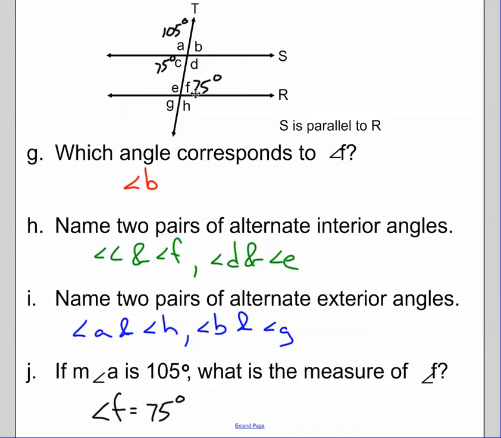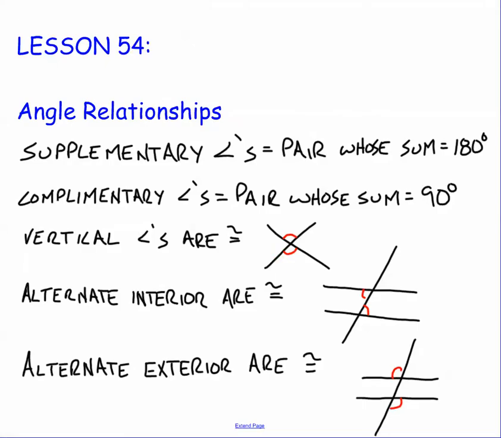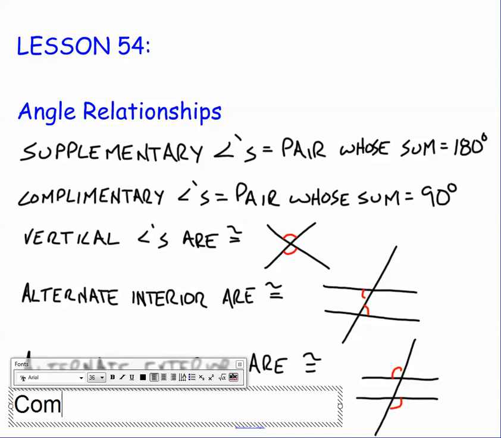We did not list complementary angles on the first slide, but maybe we should, because what is true about complementary angles? They are congruent. Let's do that real quick. Complementary angles are congruent.